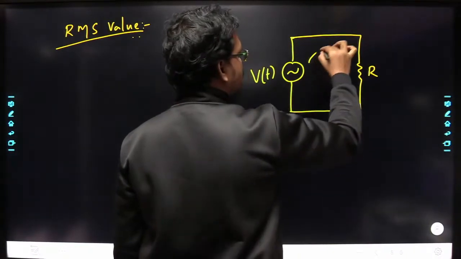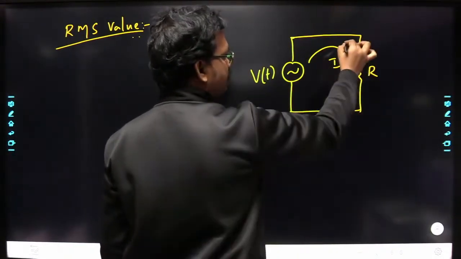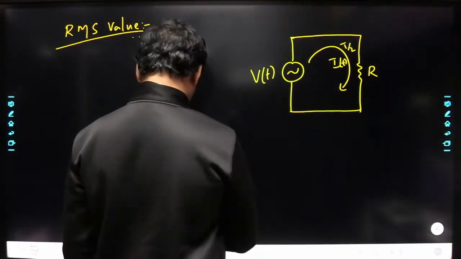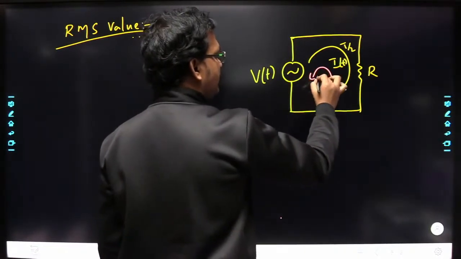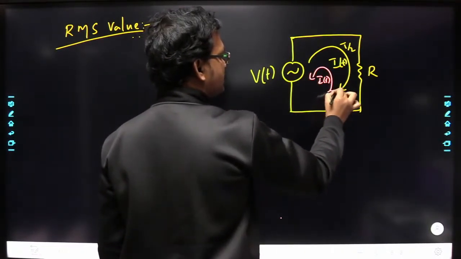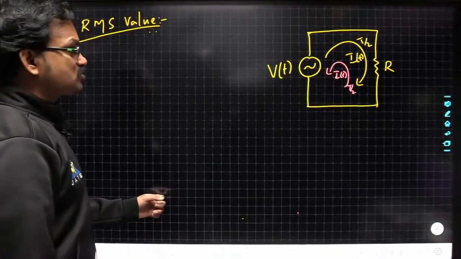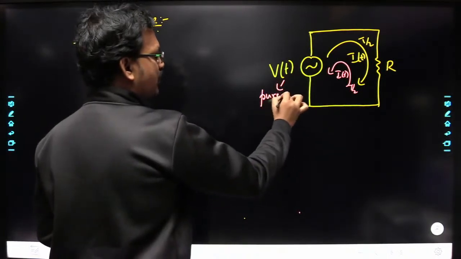So it is going to pump the current in clockwise direction for T by 2 time, and for the next T by 2, it is going to pump the current in anti-clockwise direction. Okay, so now let us assume this is a pure sinusoidal, or pure AC signal.